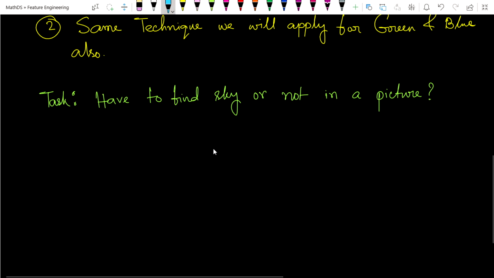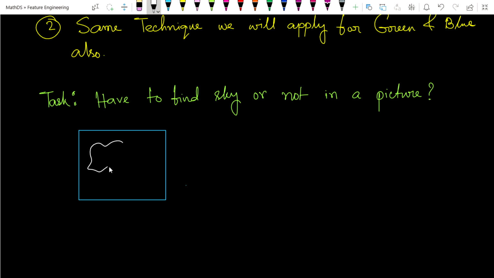Okay, now how will we do that? Just see it. Suppose this is our picture. If there is some area of sky, that means what? In that area, the density of the blue color is very high. So let's write it.